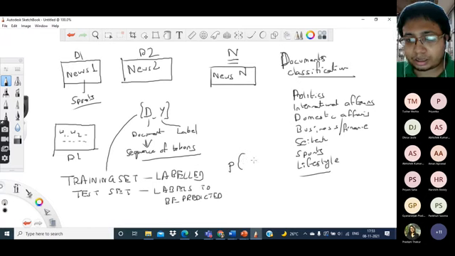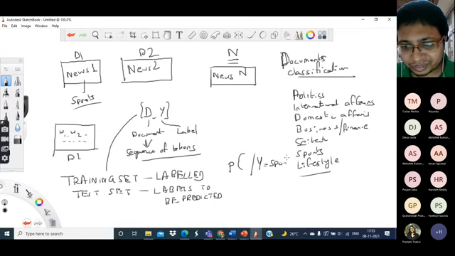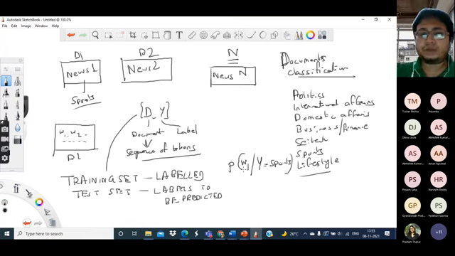Let us say the label is sports. Now the question is, consider any particular word W1. How likely is this word to appear in a sports document?